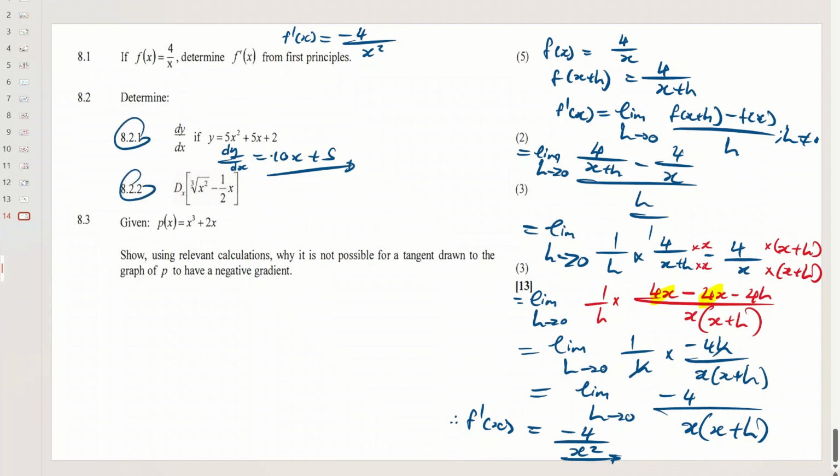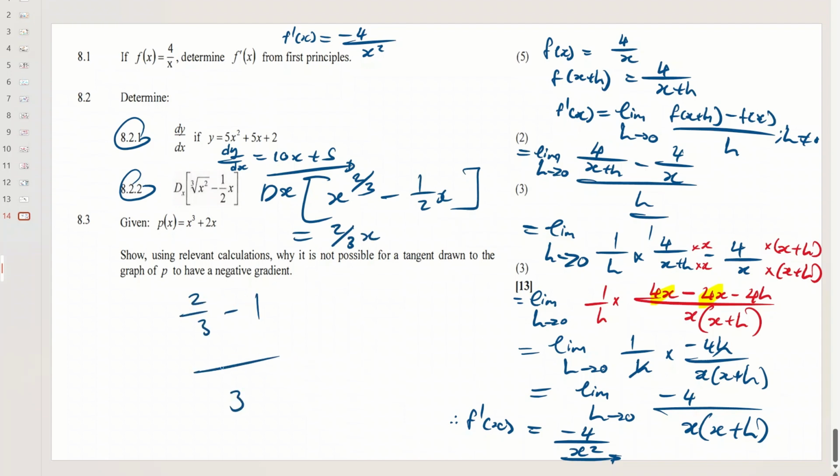So this one here, you have dx. I'm just going to write what is correct. So you have 2 all over 3. So it's the opposite of what you're seeing, so it has to be an exponent. And then this one is nice like that. So taking the derivative of this side, you have 2 all over 3x. So 2 over 3 minus 1, that's 3 into 2 minus 3, you have negative 1 all over 3 there.